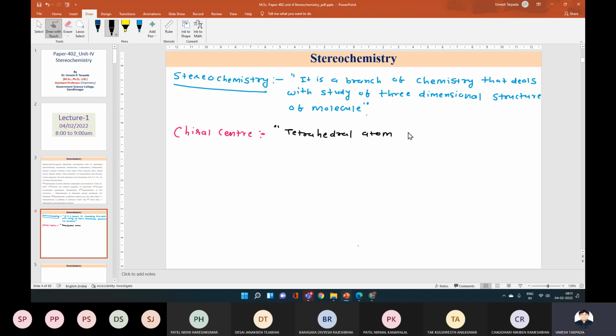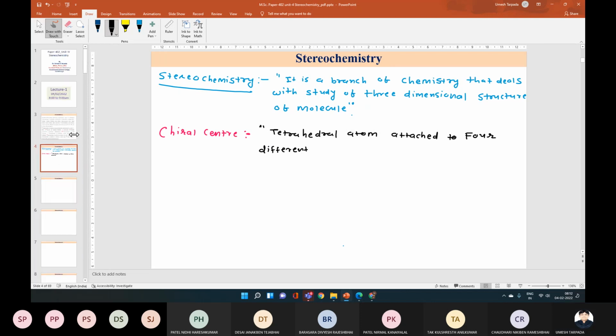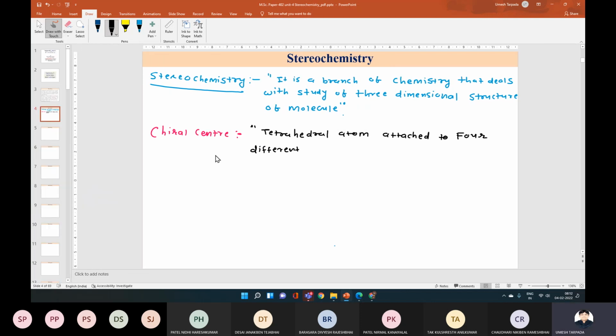It may be carbon, nitrogen, phosphorus, whatever. A tetrahedral atom attached to four different atoms, or groups of atoms, or you can say four different ligands, is called a chiral carbon, chiral center.